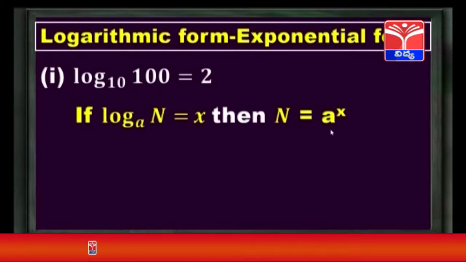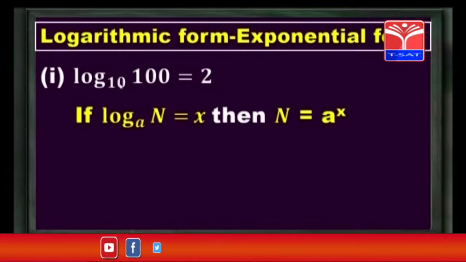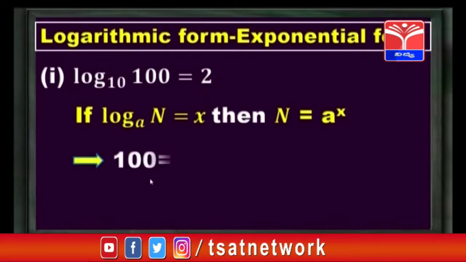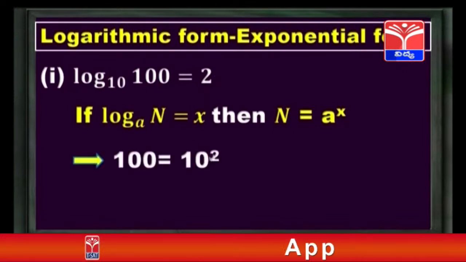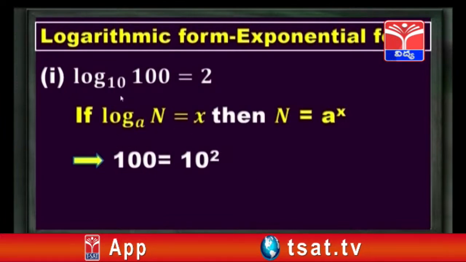So n is equal to a power x. If you observe log 100 to the base 10 is equal to 2, now I should write 100 is equal to this base 10 will become the base of 2, that means 100 is equal to 10 square. This is the exponential form of log 100 to the base 10 is equal to 2.